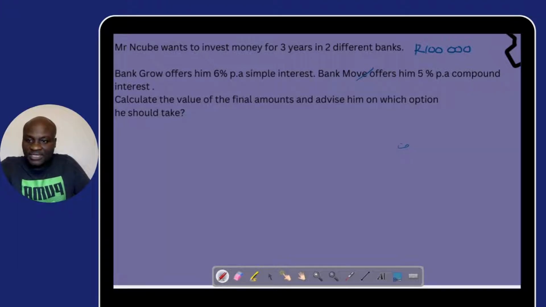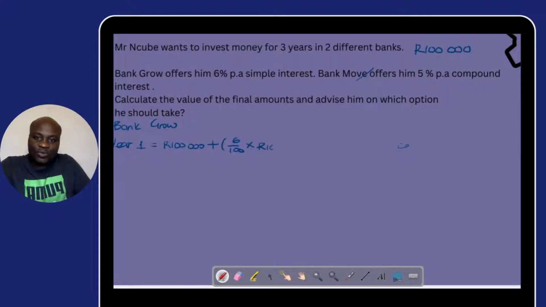So now let's start with Bank Grow. Let's see how he grows in Bank Grow. Yes, year number 1. Remember our amount is 100,000 plus what is our interest? 6% multiplied by 100,000.